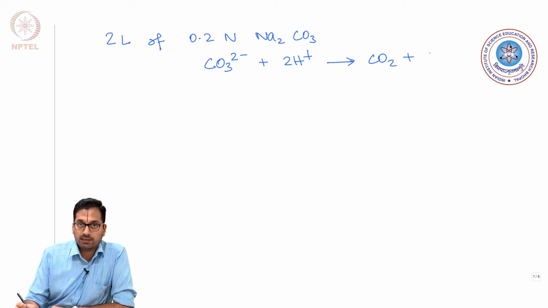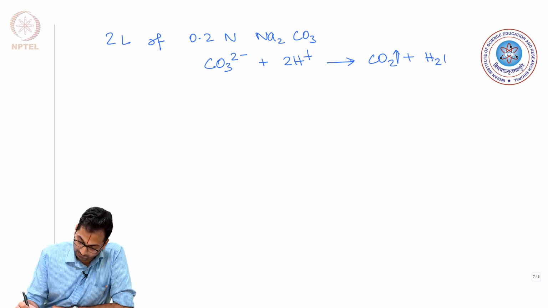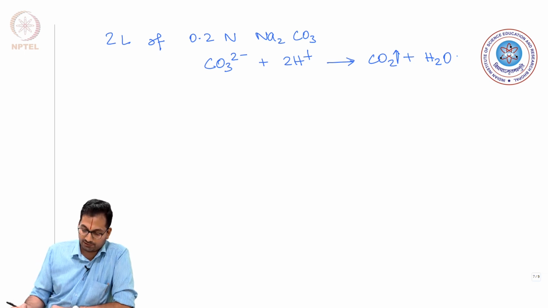This is a very common reaction that I am sure you have all performed in your lab practicals, where you determine whether carbonate is your anion by adding a little bit of acid and you get effervescence. The effervescence comes because carbon dioxide escapes the solution, plus H2O. Alright, so it is already balanced to start with.